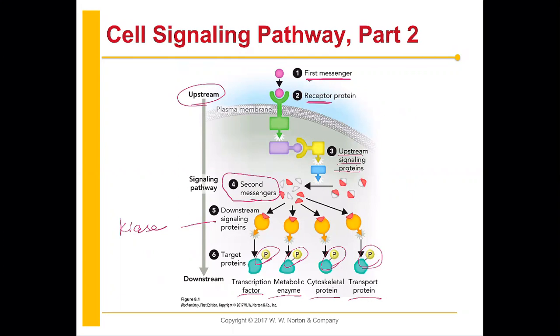How important are signal transduction pathways? Well, if you're a unicellular organism, it's not that big a deal, right? Because usually signaling pathways are used for, are the conditions suitable for reproduction, something like that.